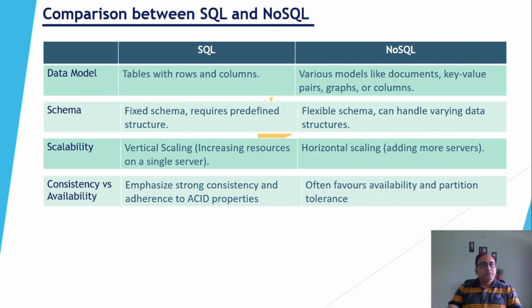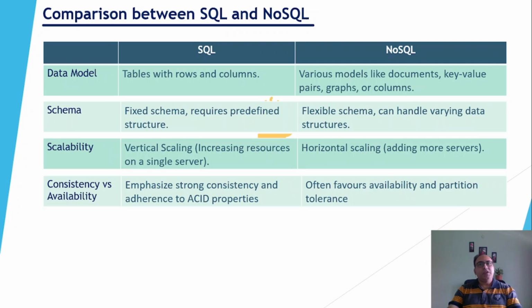Then another difference is consistency versus availability. In SQL, the focus is more on consistency, and it adheres to ACID properties. It follows all the integrity rules. NoSQL databases offer more availability and partition tolerance compared to consistency.